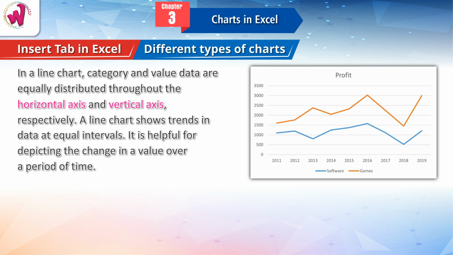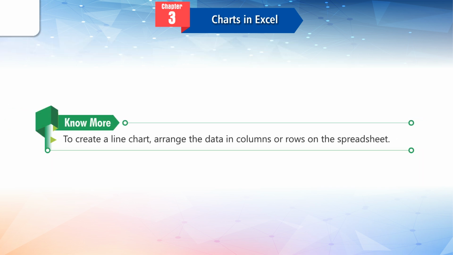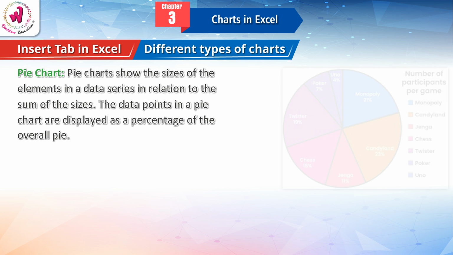A line chart shows trends in data at equal intervals. It is helpful for depicting the change in a value over a period of time. Know more. To create a line chart, arrange the data in columns or rows on the spreadsheet.